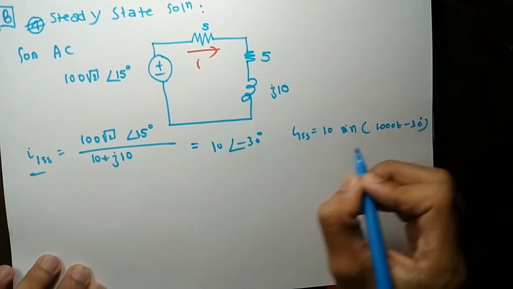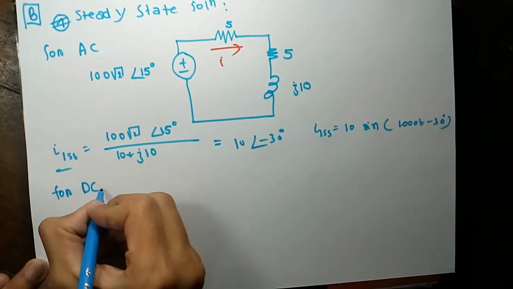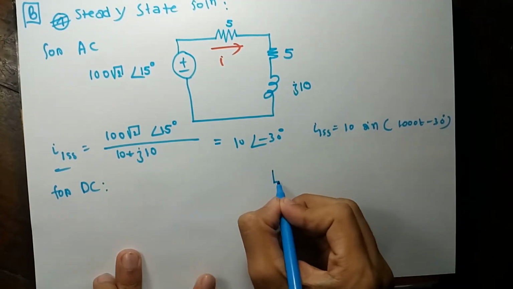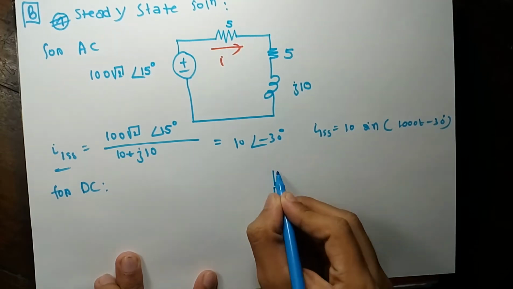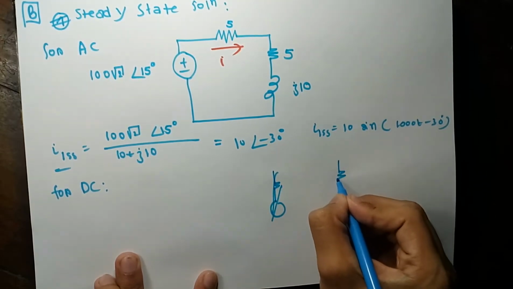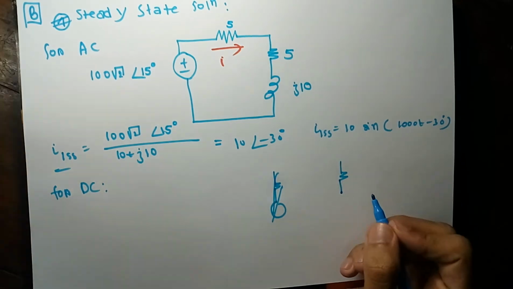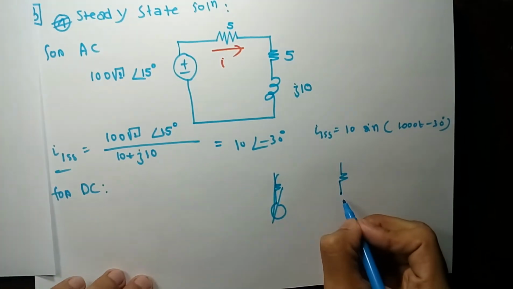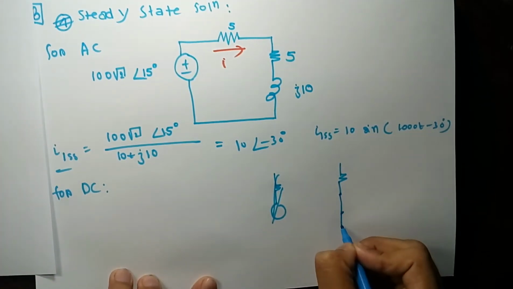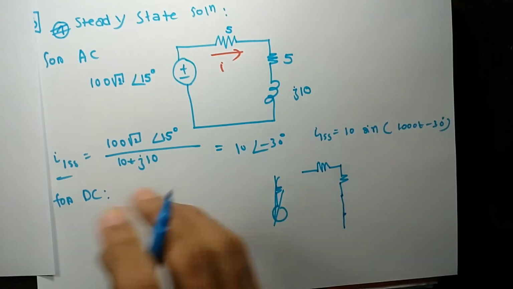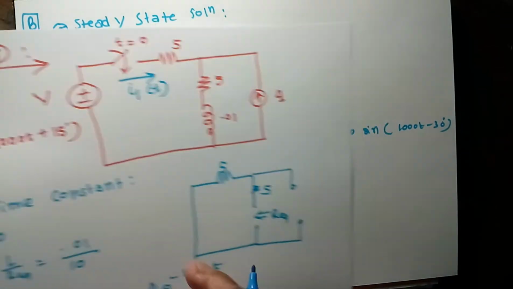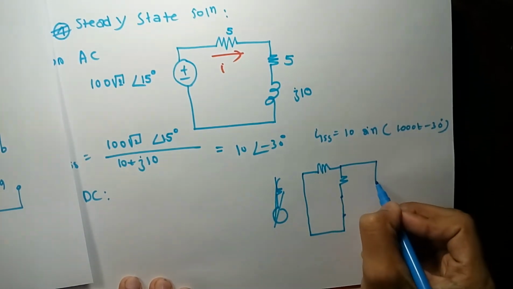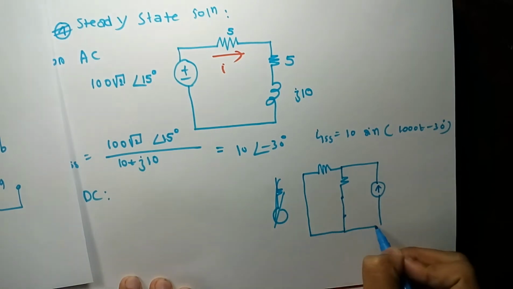Now for DC, we have to turn off this voltage source and keep the current source on. Sorry, this diagram is wrong. Remember, in DC steady state the inductor acts like a short circuit, so I'll make the inductor short. There is a 5 ohm resistance here, and this voltage source is turned off, so it will be short. And then there is this 4 ampere current source.